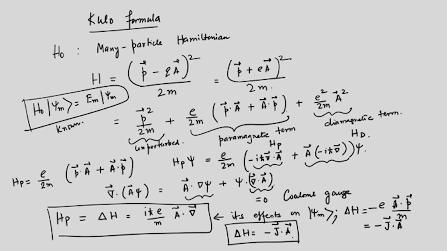The effect of this perturbation to linear order in A is what we actually talk about. Let me write down the perturbation term, and its effect would be considered on the conductivity of the problem, and in particular we talk about the Hall conductivity.